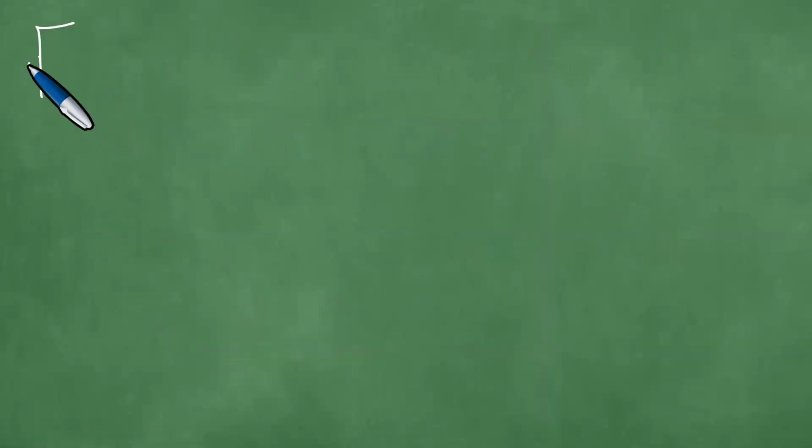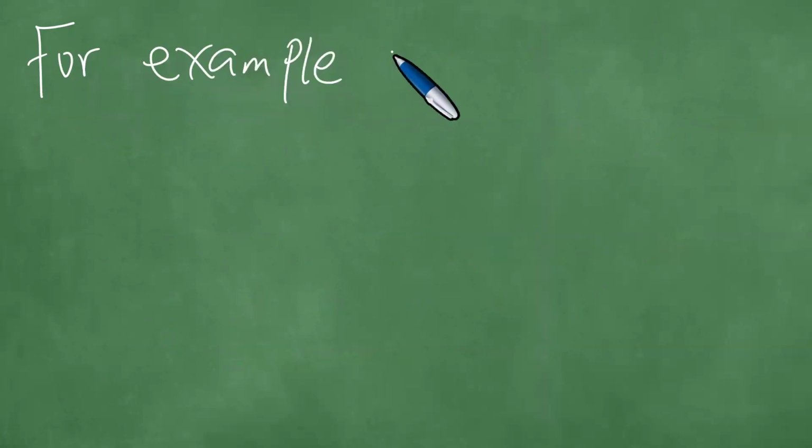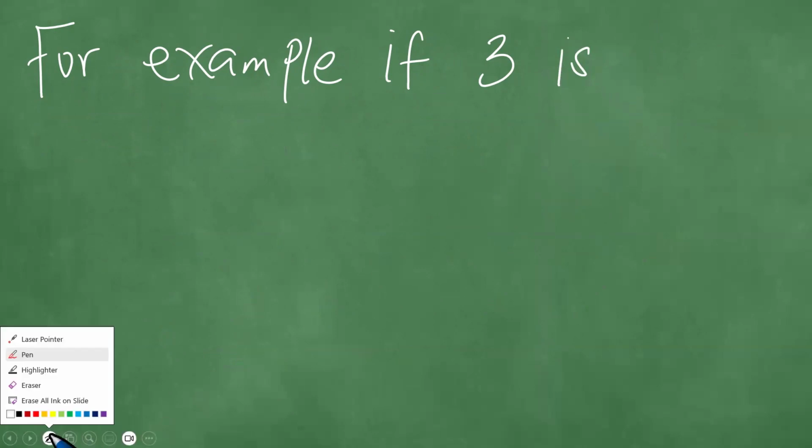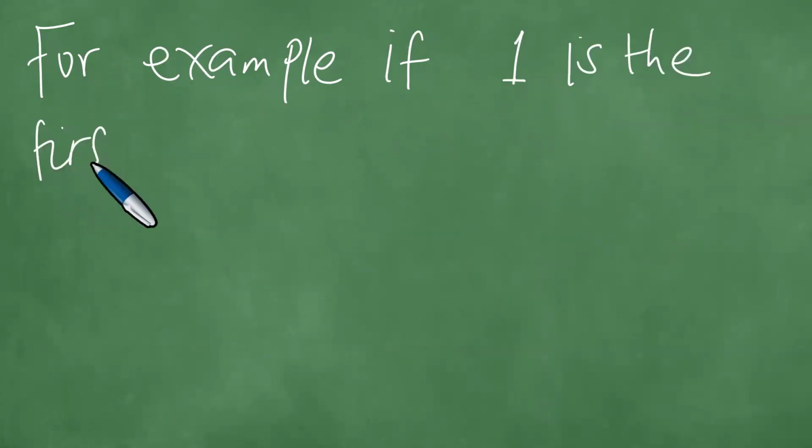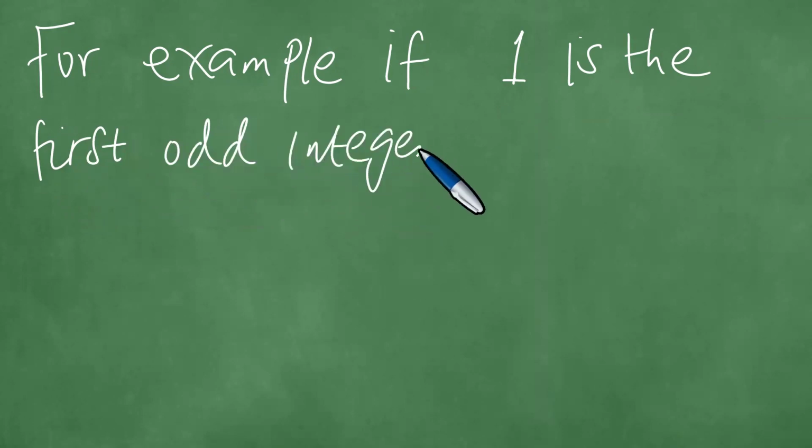Now, for example, let's just say 1 is the first odd integer, then what do we get?